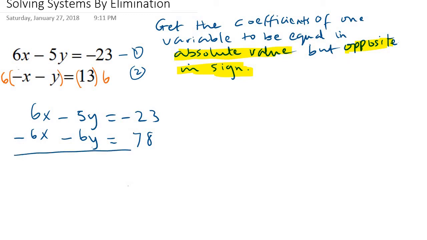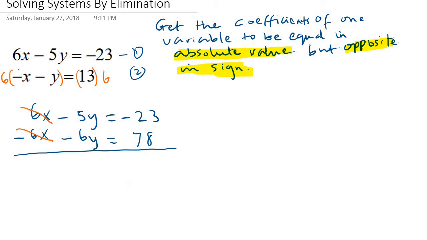Now, by adding these two equations together, I will get the x variables to disappear. The x variable will be eliminated. That's why it's called the elimination method. That will leave me with only one variable, the y variable.